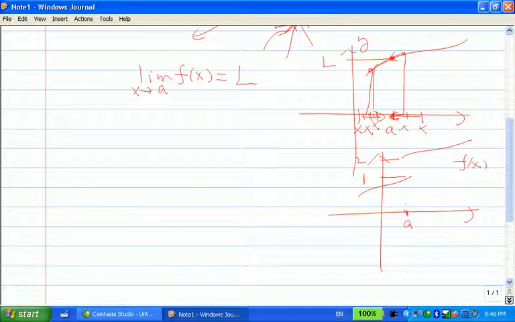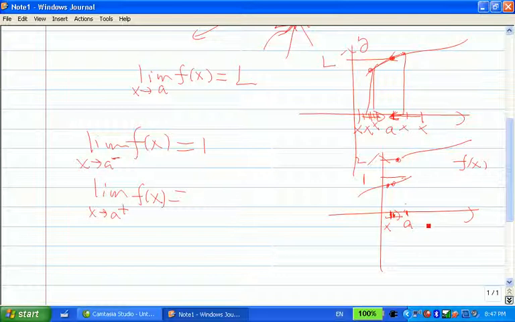Obviously, consider the limit as x goes to a from the left, I put a minus here. What is that limit? Pick x less than a, find out f(x). Then pick another x less than a, find out f(x). When x approaches a, your f(x) approaches 1. Now the limit as x approaches a from the right: you are going to see this limit exists too, and equals 2.